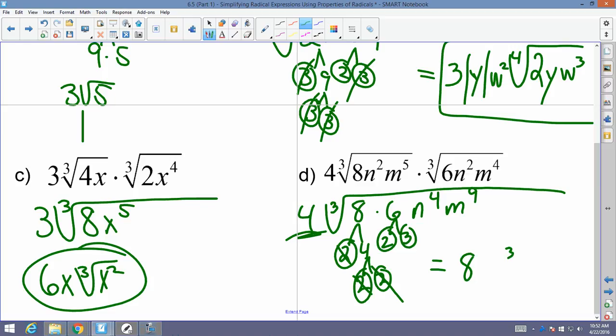And I have a cube root of what left over as far as numbers go? A 6. I cannot take out 2 more 2's, and I cannot take out 3 more 3's. So I have 6 left over. Cube root of n to the 4th, I've got an n outside, an n inside. And cube root of m to the 9th is m cubed.